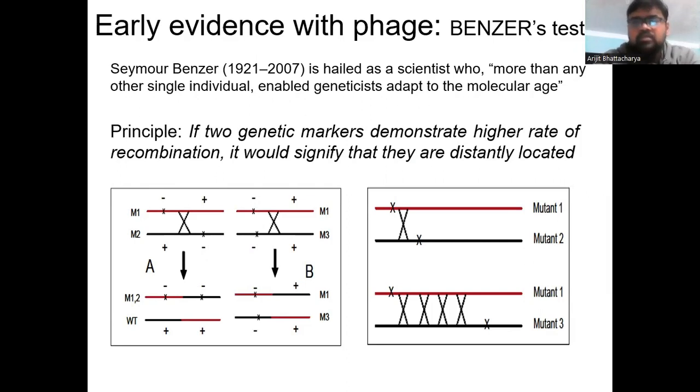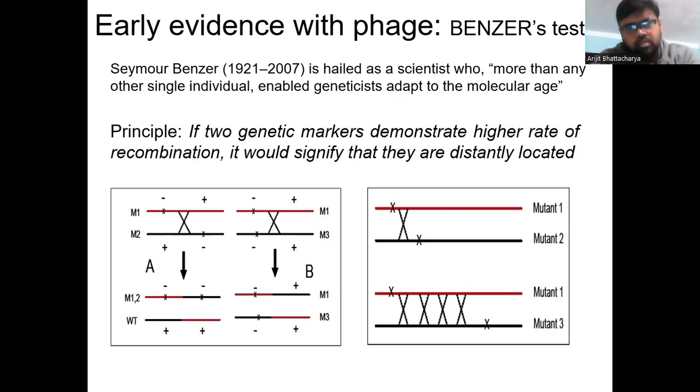So one of the major contributors to the transition of genetics to molecular biology was Seymour Benzer. He made huge contributions, and one of the major ones is experiments for identifying different genetic markers for mapping phage genome loci.